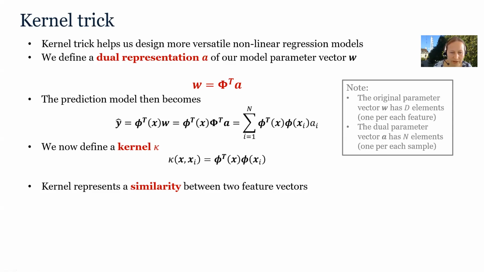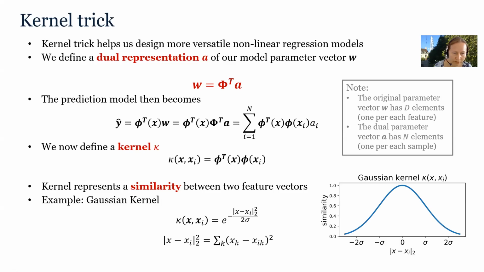So in this case, the new sample with feature vector x and the training sample with feature vector xi. The most common kernel is a Gaussian kernel, and you're very familiar with that. And when the feature vectors are multivariate, we calculate Euclidean distance between them and input that into the kernel.